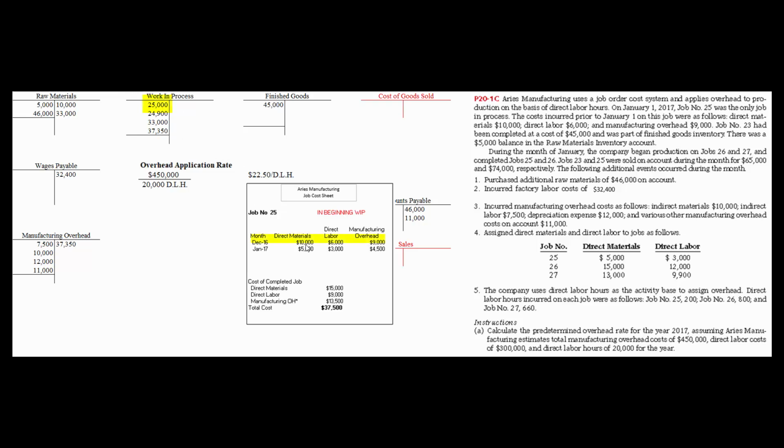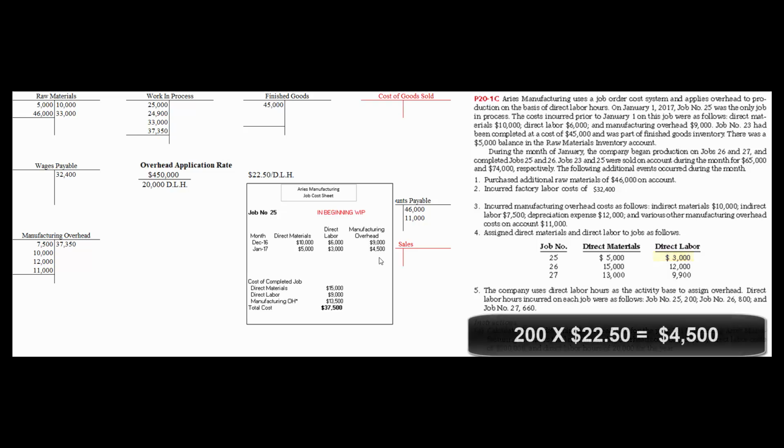It had $10,000 worth of materials, $6,000 worth of labor, and $9,000 worth of overhead that was incurred previously. That's in beginning work in process. And this month we added $5,000 of materials, $3,000 of labor, and $4,500 worth of overhead. How do we get that overhead that got applied to job number 25?